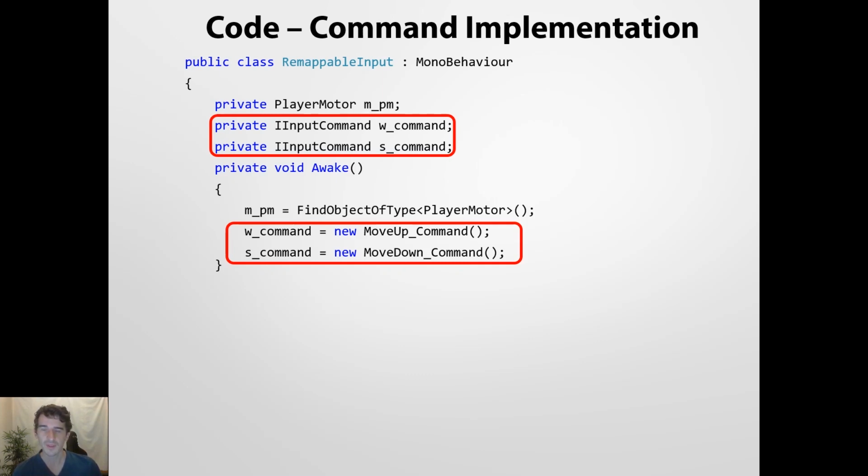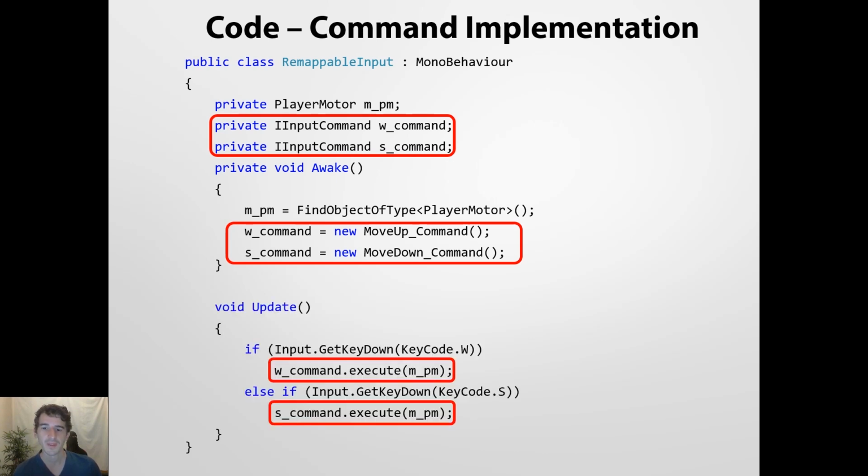And then in the awake method, we just assign the move up command to the W command and the move down command to the S command. And that way, you just say, if you press W, call the W command. If you press S, call the S command. And we've decoupled the input from the action that should be done when the input is pressed.